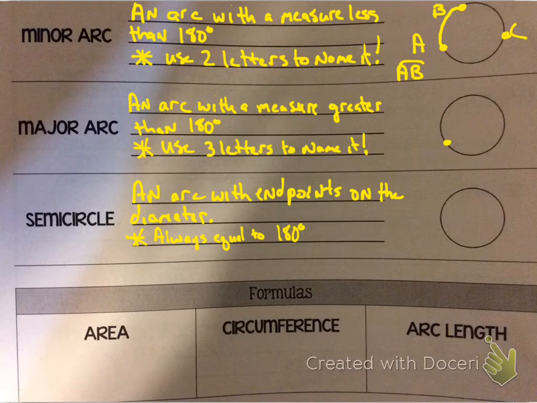Now, if I go here, A, B, and C, and I say arc ABC like that, I am saying I'm going this way through those 3.